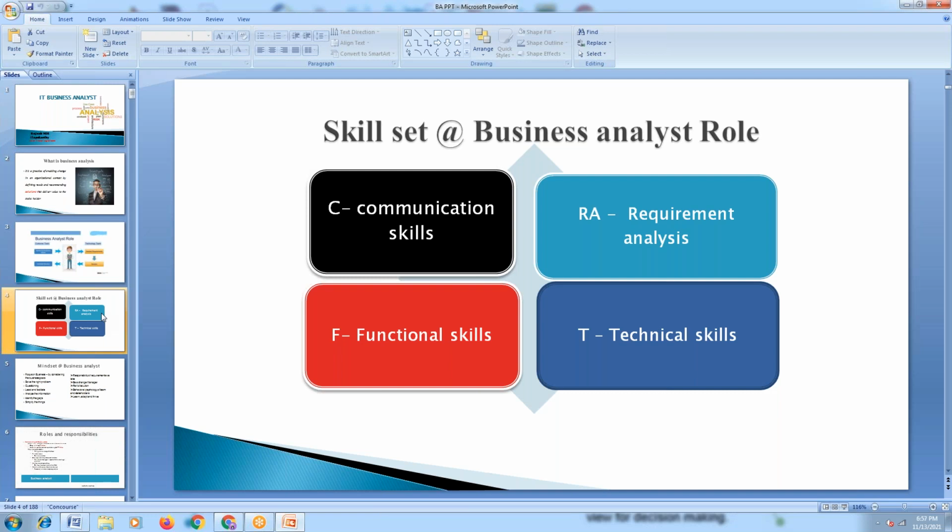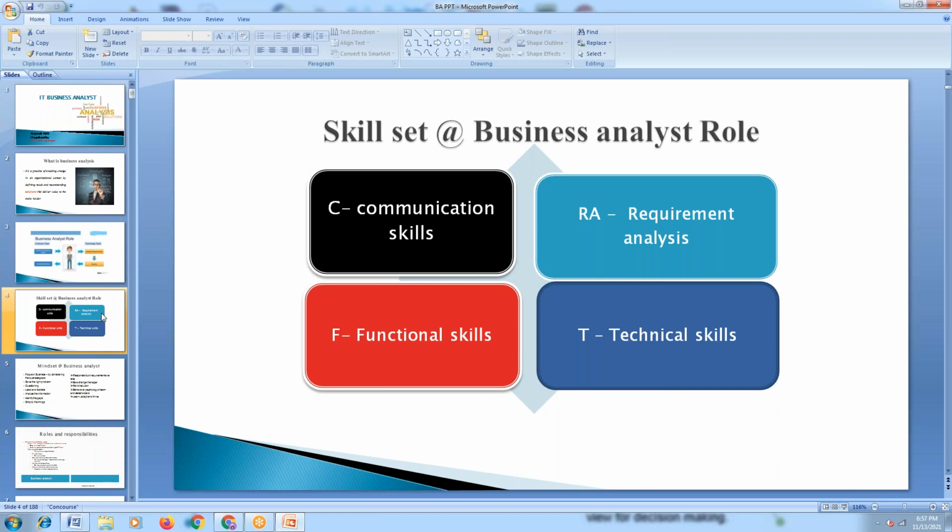Without that, he would not be able to understand, and he is the right fit to sit in that role. Having said that he has domain experience, it doesn't mean that he should be able to understand the whole solution, right? Business solutions are a different aspect that you're telling, and requirement analysis is a different aspect.